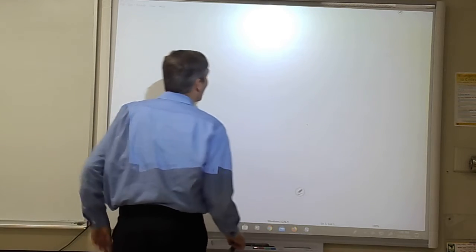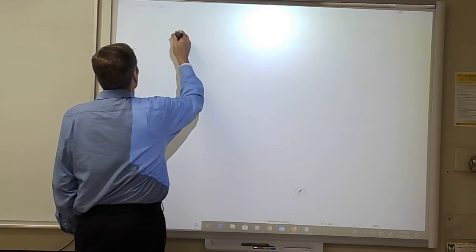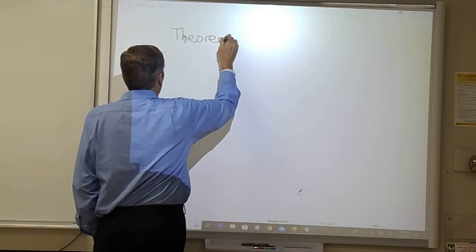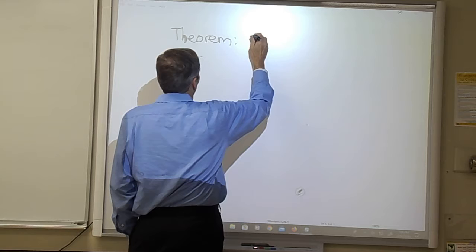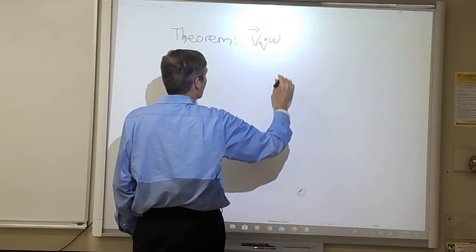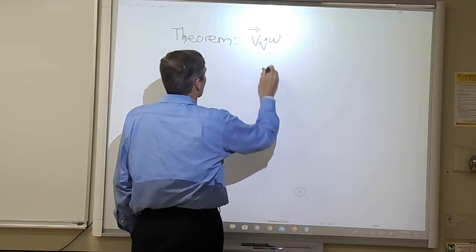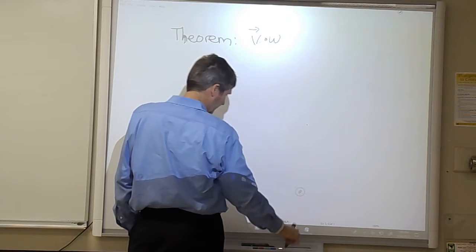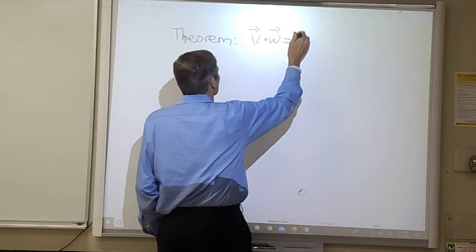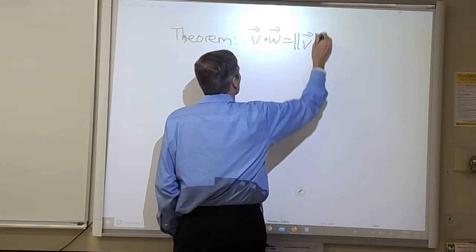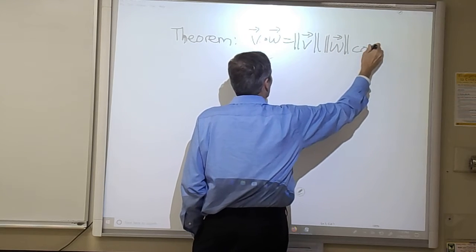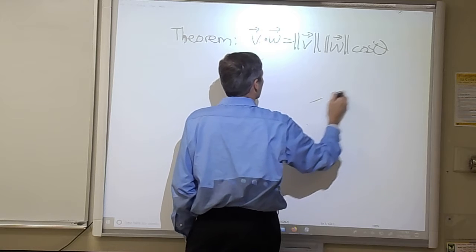So now we have the theorem, one of the most important ones for the dot product: for any two vectors, v dot w, and this isn't just in 2 dimensions, it's in any number of dimensions, v dot w is the length of v times the length of w times the cosine of theta, where theta is the angle between them.